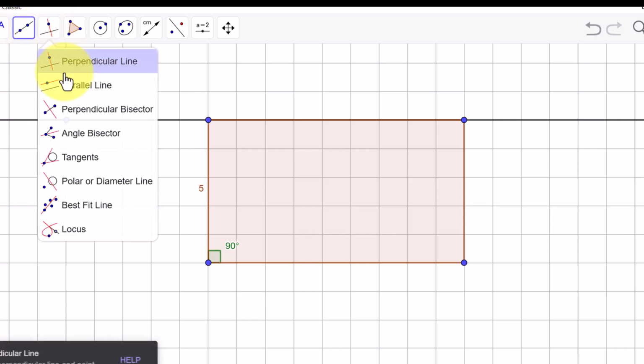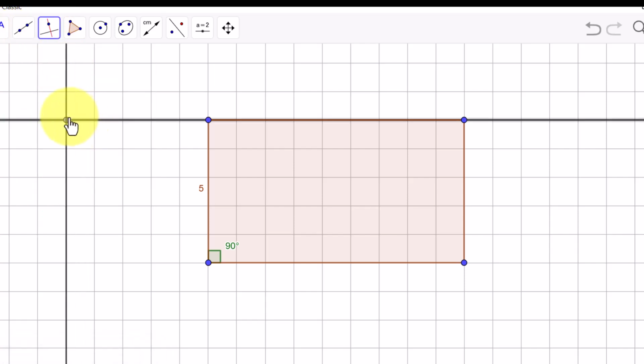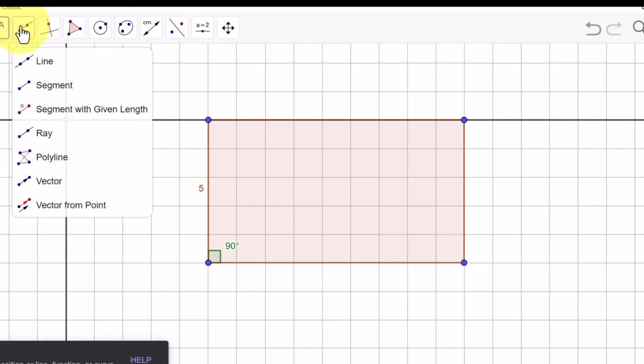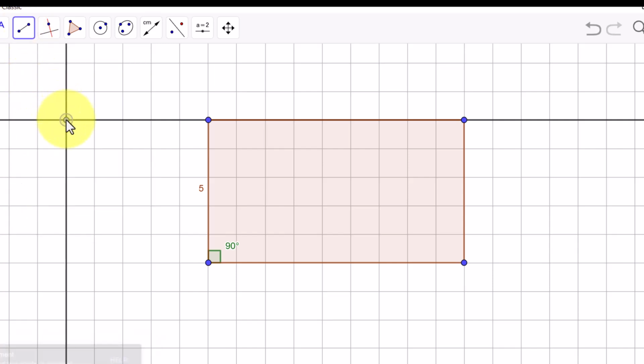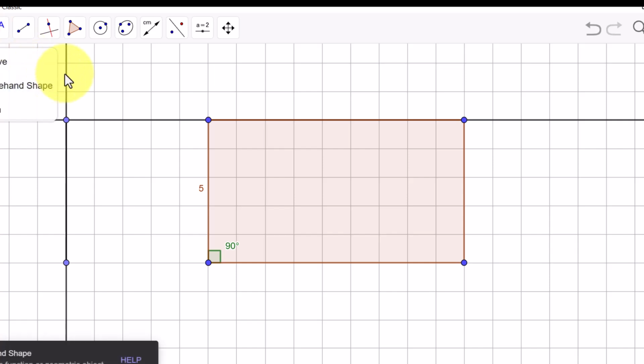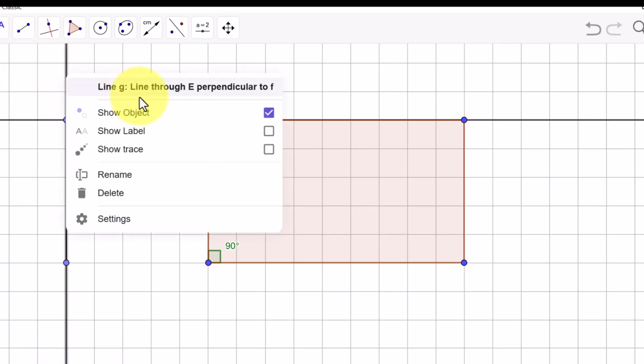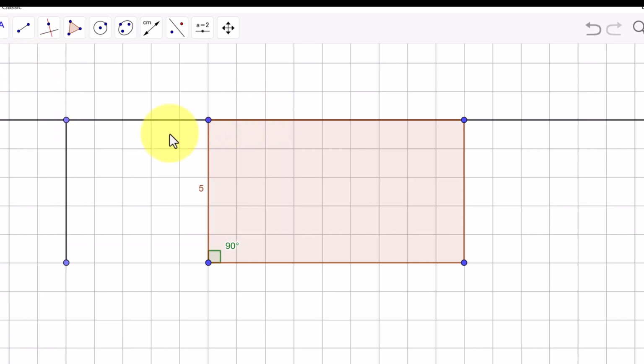If I have my perpendicular of this line to this, I can actually create a height from here to somewhere here, such that I can hide these other ones, hide this, and this one can move along. You can see it.